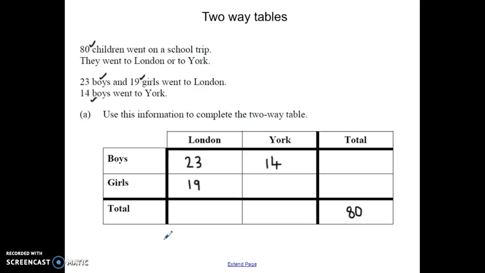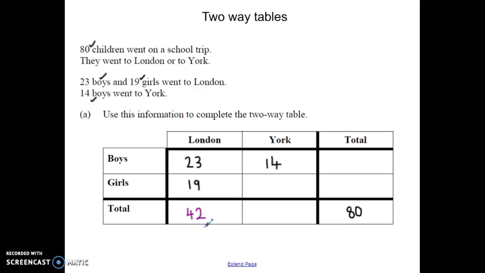Okay, I'm going to carry on with a different coloured pen so you can see the difference between the information that I was given as part of the question and the things that I've worked out. So I'm going to start in the London column. Boys plus girls, that's going to give me a total of 23 plus 19 is 42.